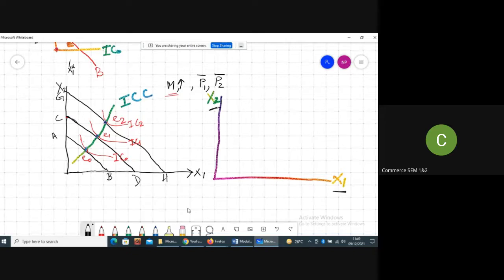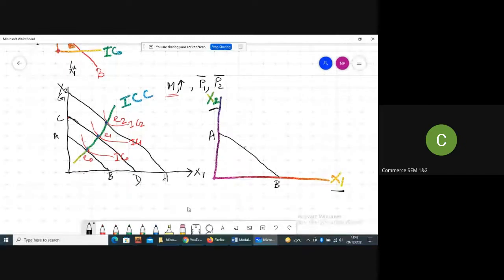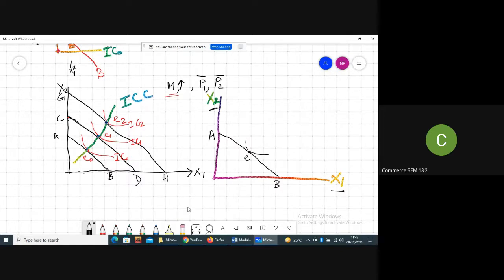Now say initially your budget line is this, AB, and you are consuming at some point, so this is your initial indifference curve. So this is your E0, initial equilibrium point. Now draw a vertical line like this, a straight line.